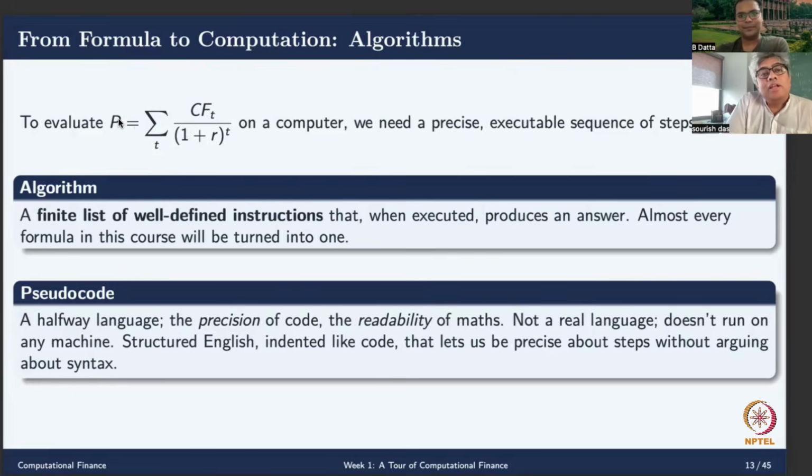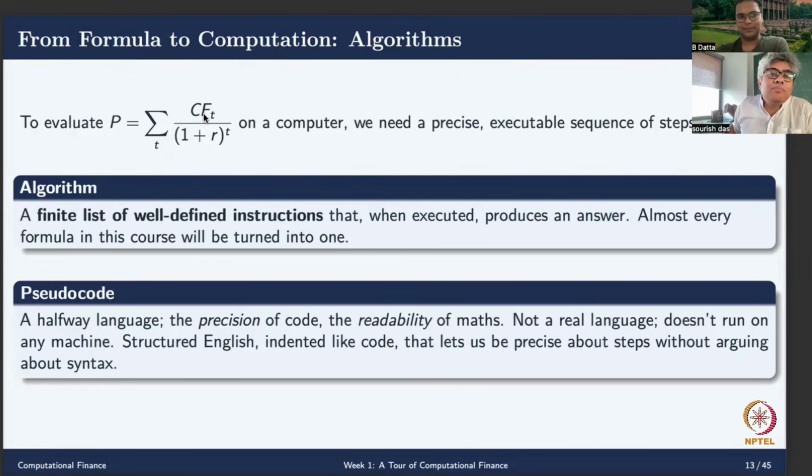If there are 50 or 60 or 100 cash flows coming up, we cannot really do it by hand or using a calculator. That's a little bit cumbersome and we will most likely end up making a lot of errors. So we can figure out some kind of algorithm. We write algorithms and ask the computer to do this calculation for us.